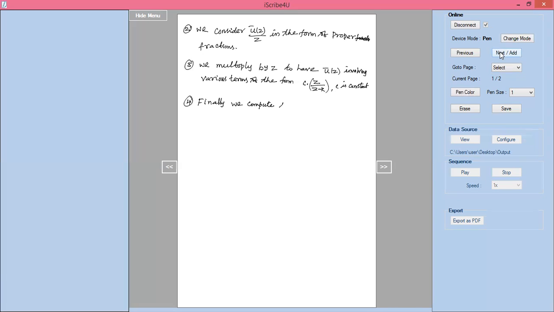We compute the inverse Z transform of these terms, resulting in the required Z inverse of u bar of z.